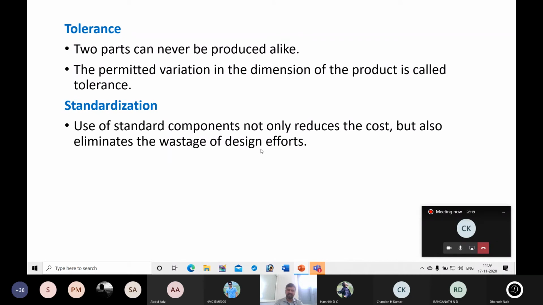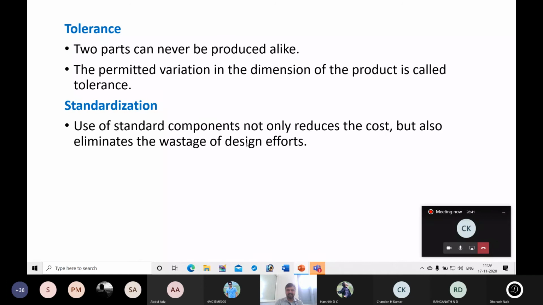You can specify the M8, small, big. You can choose the required fastener from the design library. That will reduce your design efforts. Otherwise, you would have to design the nut, bolt, washer once again. So that is the advantage of standardization.